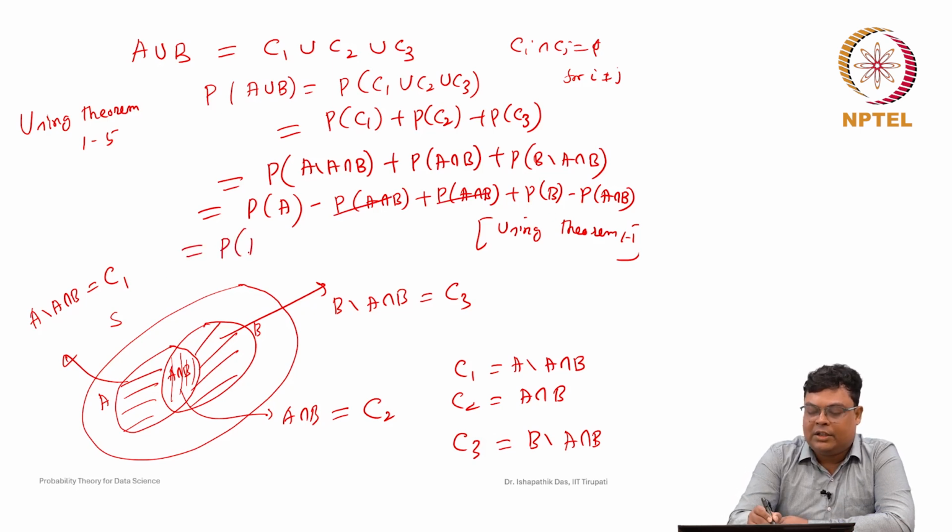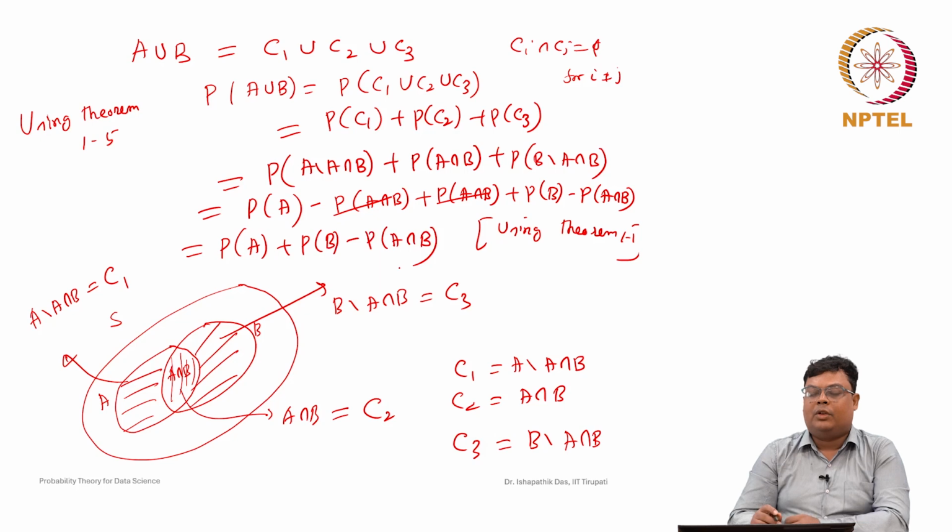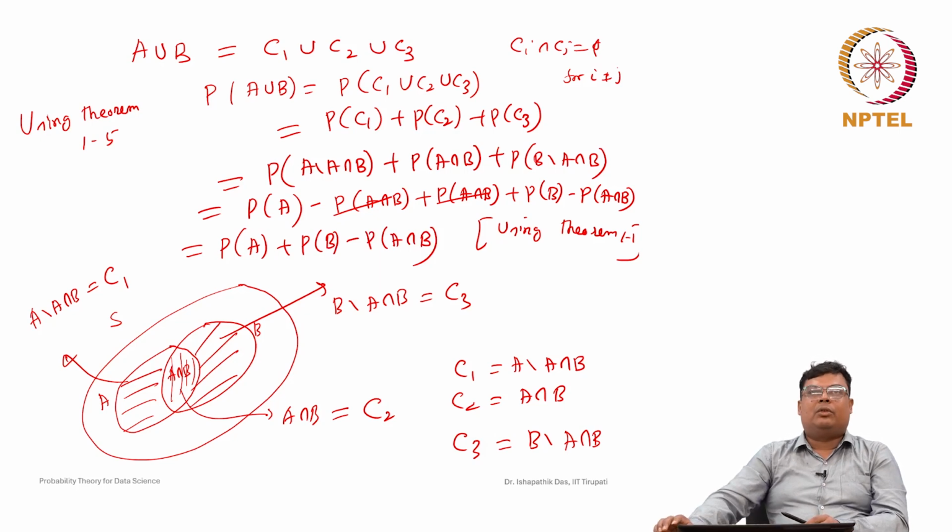Finally, we get probability of A plus probability of B minus probability of A intersection B. This is one of the important results. There are many applications: suppose the probabilities of A, B and A intersection B are known, then we can find the probability of A union B.